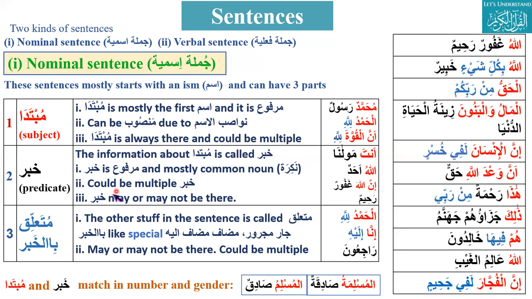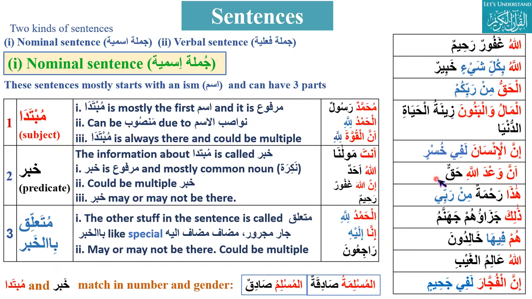Khabar could be multiple. Muta'alliq bil khabar could be multiple. Mubtada can be marfu, mansoob, or majroor? Mostly marfu, and it can be mansoob. Why can it be mansoob? Because of nawasibul ism.